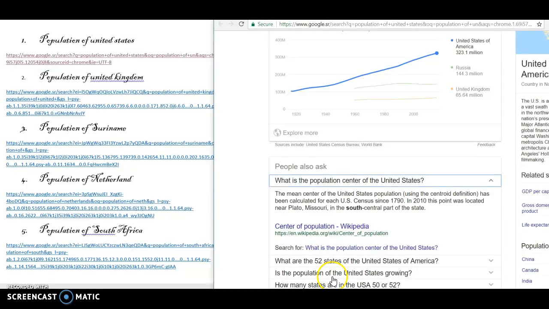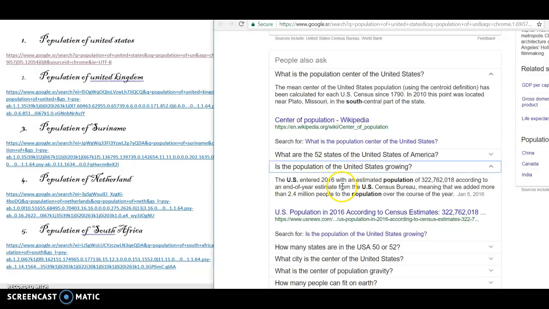Is the population of the United States growing? See here, the United States ended 2016 with a population of 322,762,018 according to an end of year statement of the United States Census Bureau, meaning that we added more than 2 million people to the population over the course of the year.